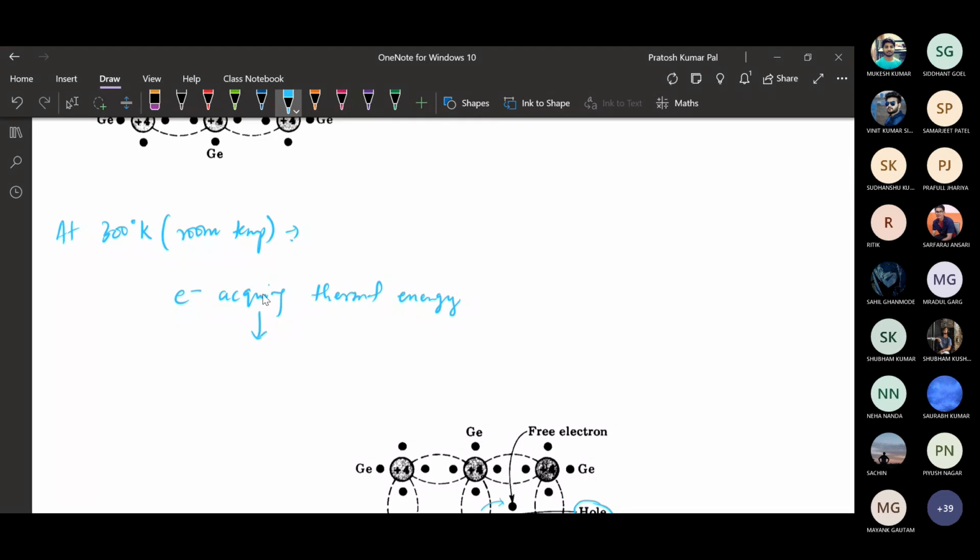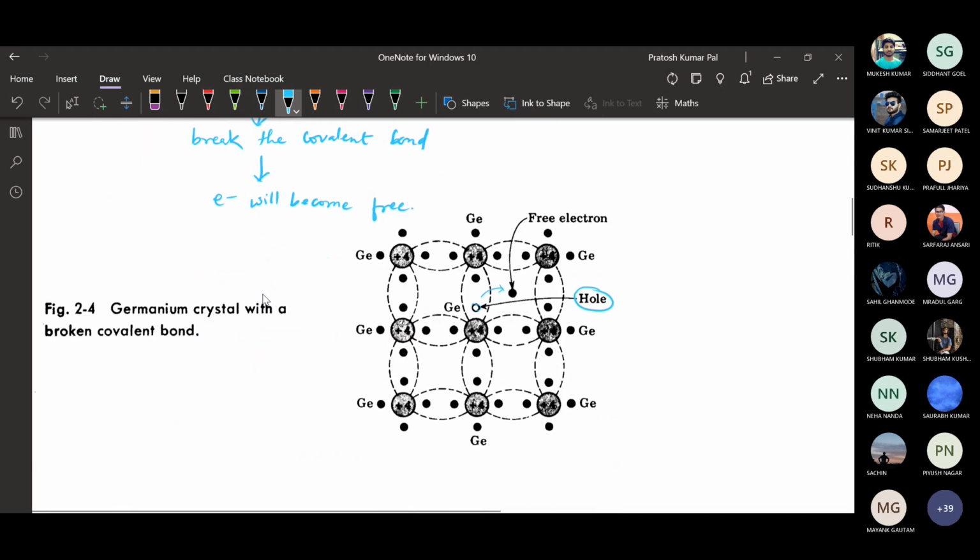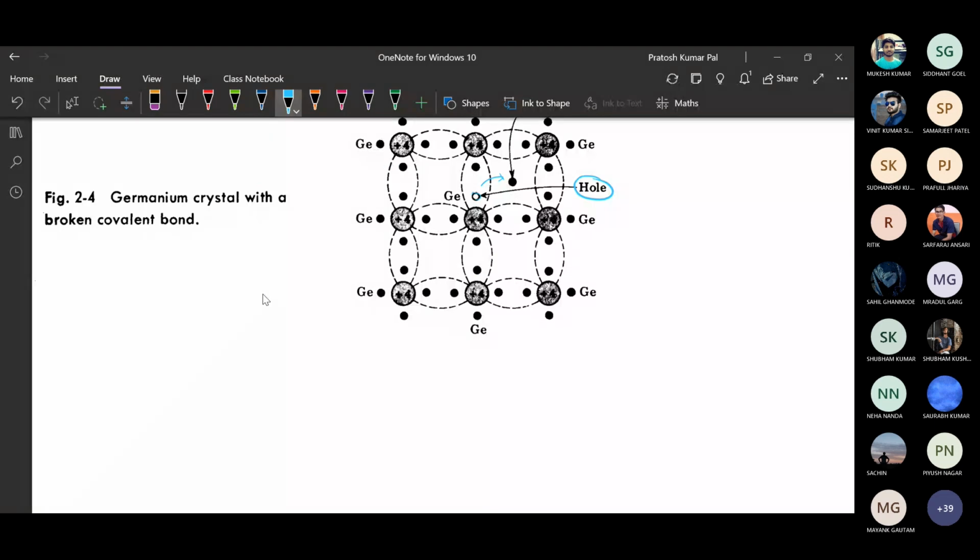So this thermal energy that is acquired by the electrons is basically going to break the covalent bond. Okay, so once it has broken the covalent bond, electrons will become free. Okay, so now electrons have become free. So once the electron has become free, it will be able to conduct.